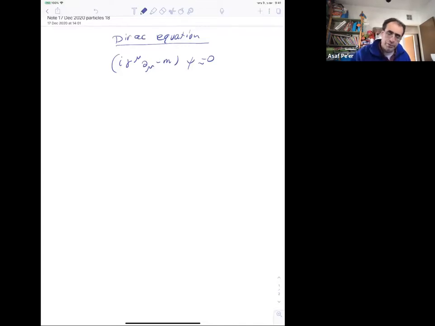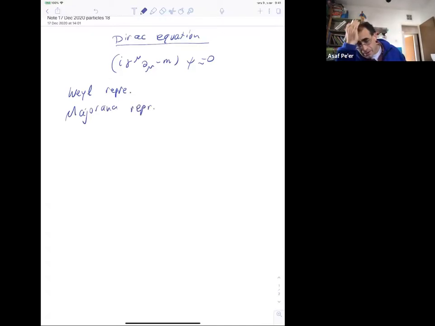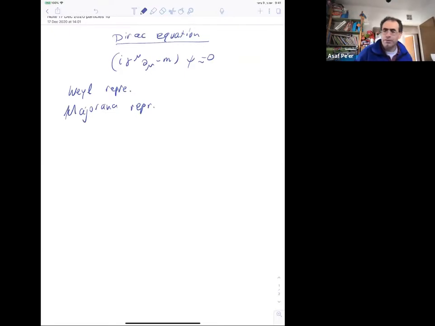This is called the Majorana representation. There might be more, but they're not normally mentioned, and even these are not really mentioned in this course. These are mentioned in a higher course, not in the introductory course.